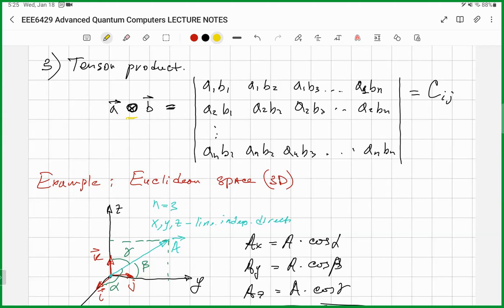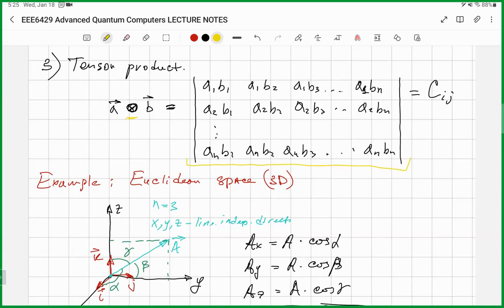Say I have two vectors, a with components a1, a2, etc., an, and vector b with components b1, b2, etc., bn. Then this tensor product gives me the matrix presented here, and this is in fact a tensor.